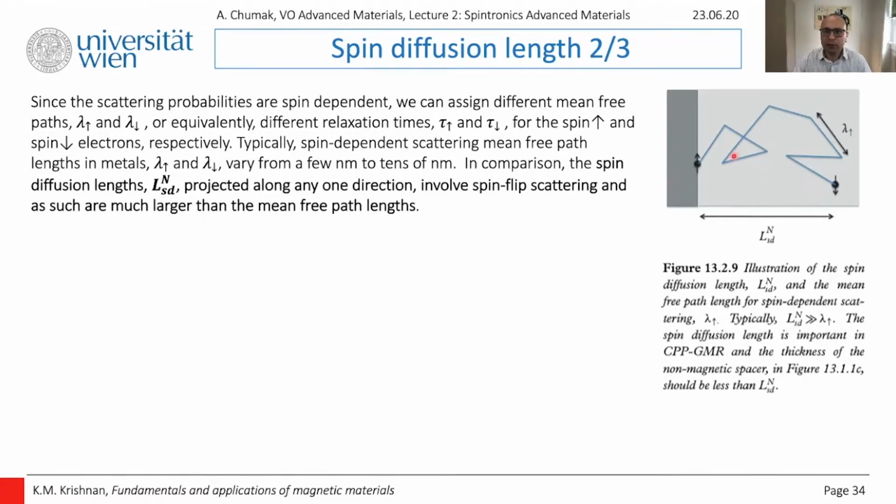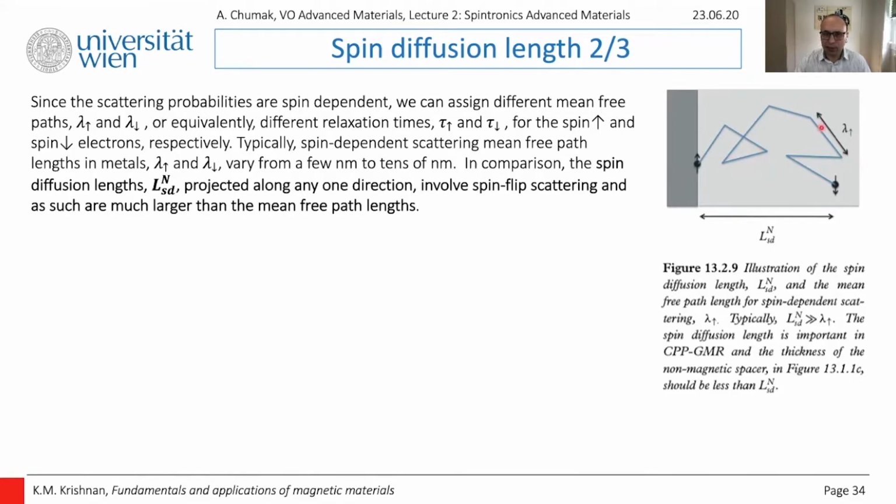Then we need to define a few parameters. The first one is lambda up, which is nothing else than the mean free path of an electron for spin up polarization. So do not mix up these scattering events. These are not spin flip scattering. After this point and in this point, the electron keeps its spin polarization like it was.